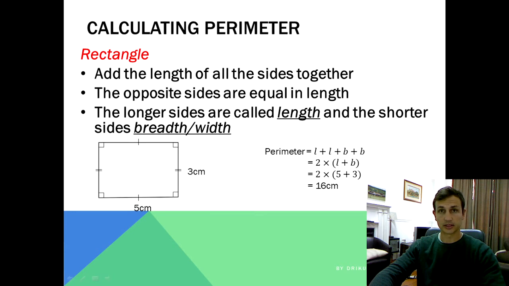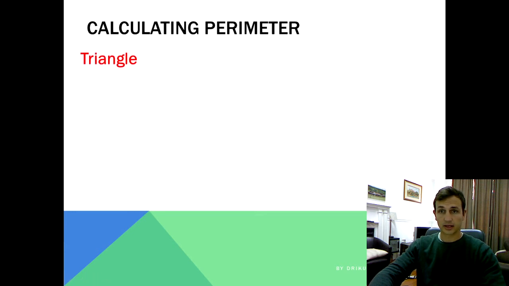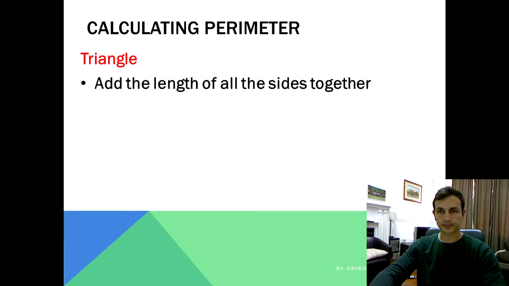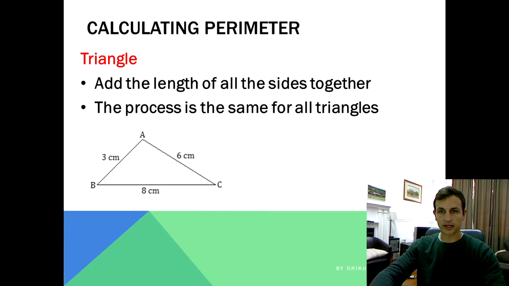Pretty simple so far, I think. Triangles, obviously you get different types of triangles. You get a scalene, equilateral, etc. But pretty much the same concept for all triangles when it comes to perimeter. Add the length of all the sides together once again. Same for all triangles. This is just a simple scalene triangle.